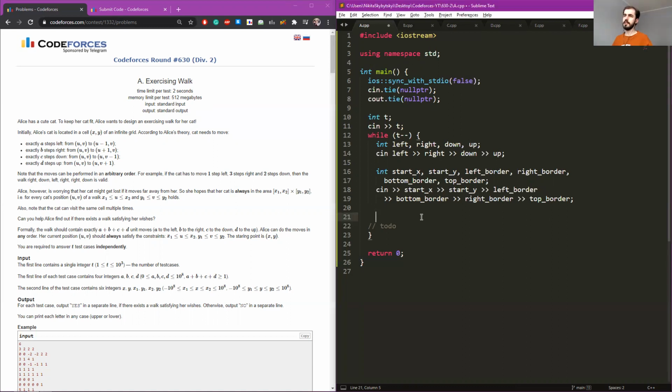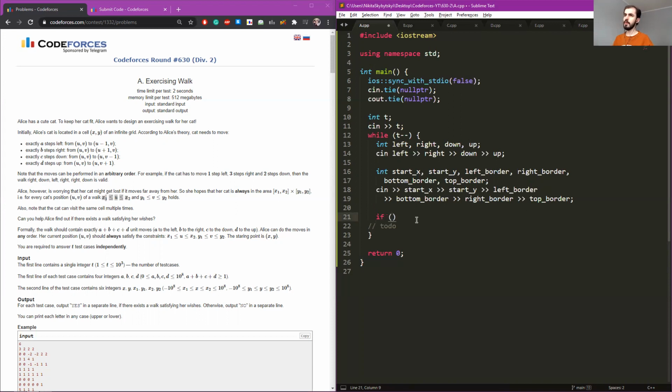I think it will only get out of the rectangle if it has to move too far to the right overall. Because if there is at least one unit of space, then it can just maneuver right and left.